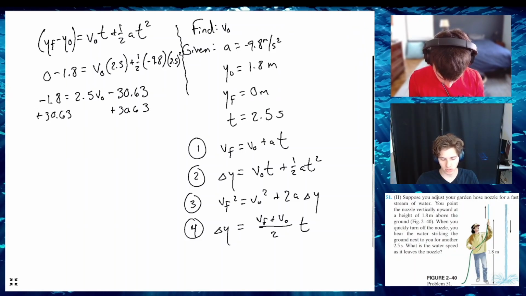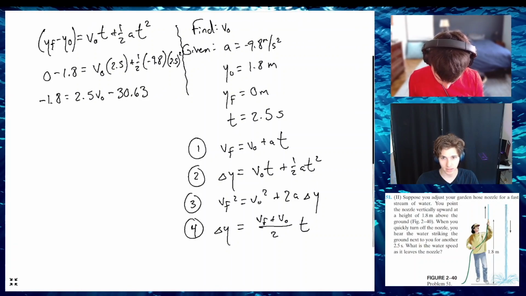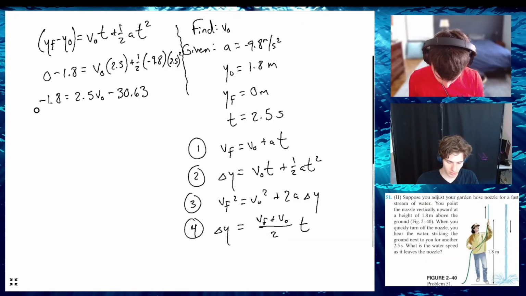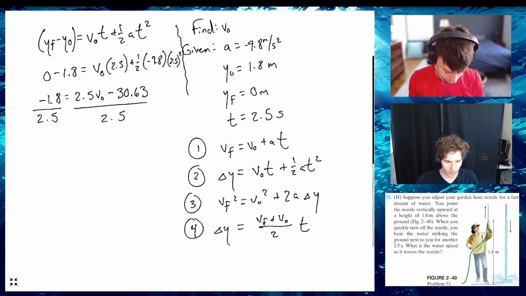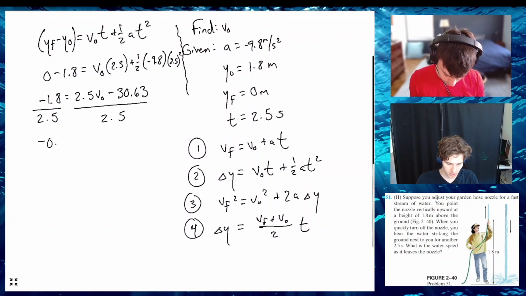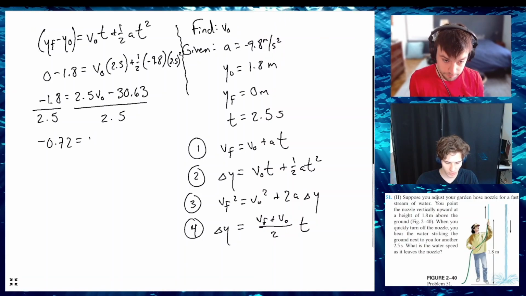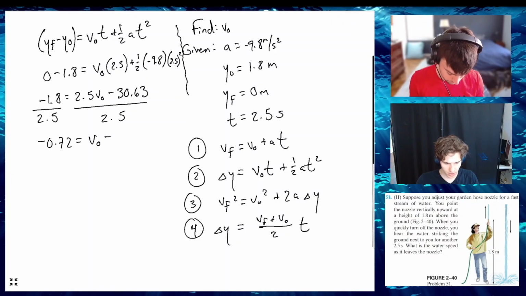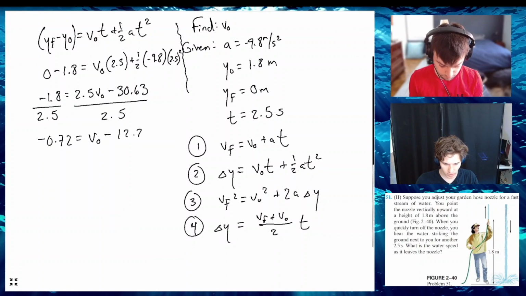Well, actually, let's do your way, just to make sure that people know that they can do it, because it is an option. It's technically correct. So we're dividing both sides by 2.5. On the left side, we have negative 1.8 divided by 2.5, and we get negative 0.72 equals 2.5 V naught divided by 2.5, which is just V naught, and then 30.63 divided by 2.5, we'd have minus 12.25.